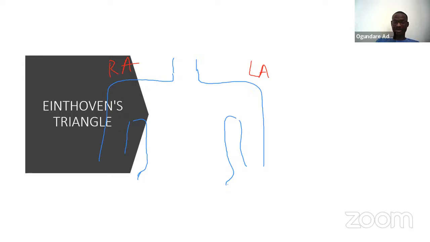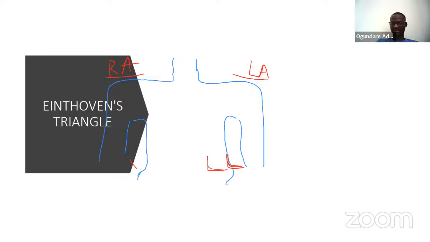Anyway, coming back to why I made reference to that: to generate this lead, we are not going to give any reference to the right leg. So we are working with the right arm, left arm, and the left leg.